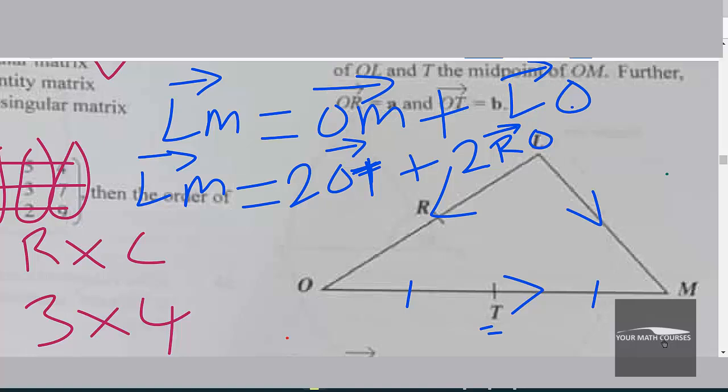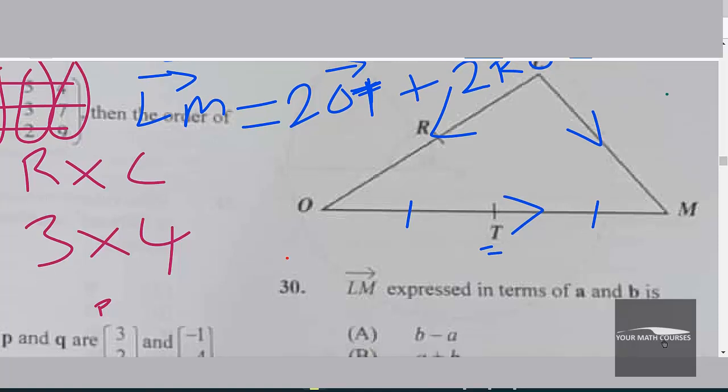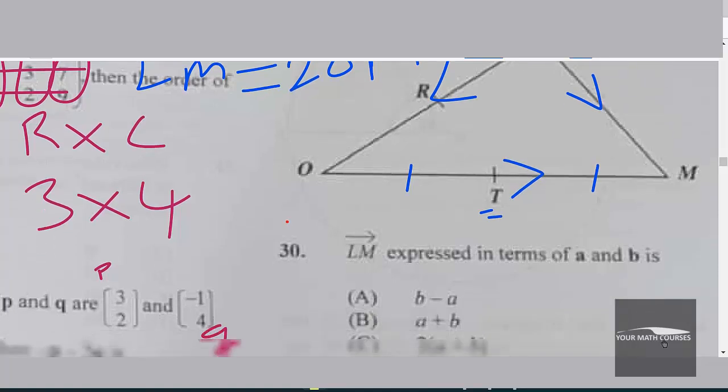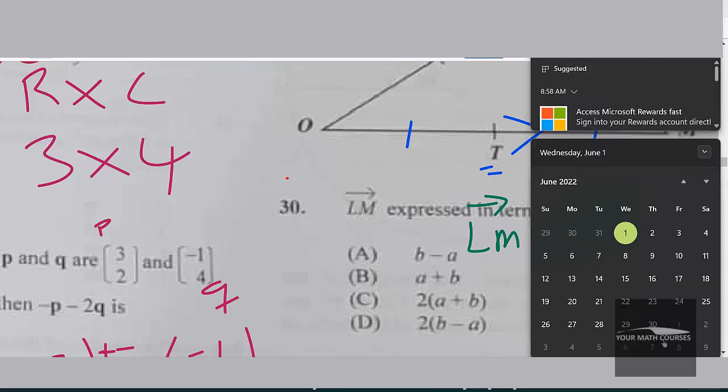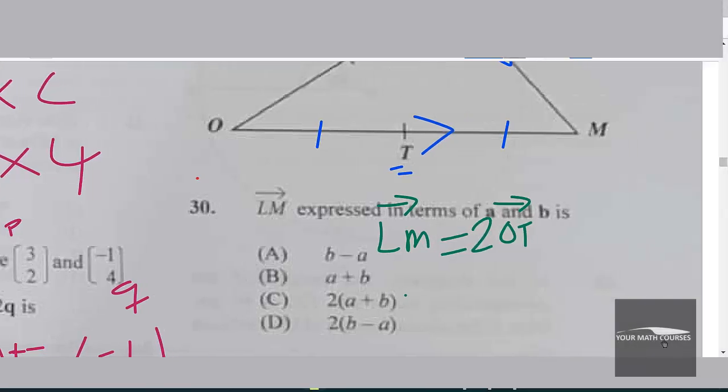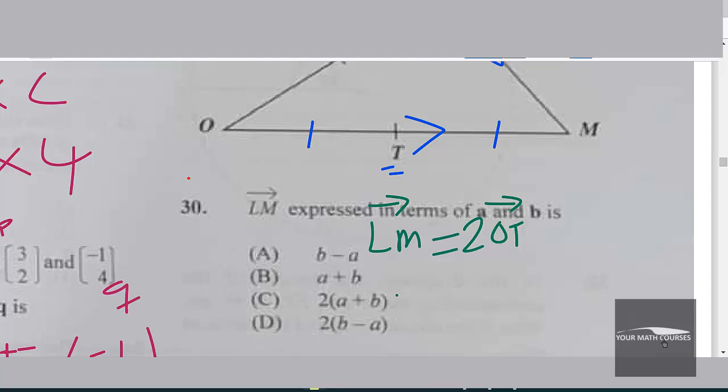So the whole thing becomes something like this. Vector LM will be equal to 2 times vector OT, then minus 2 times vector OR. So we can now do the substitution.